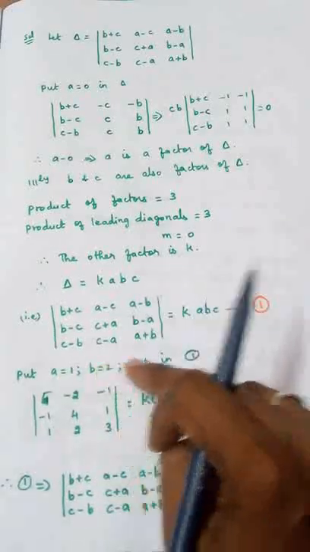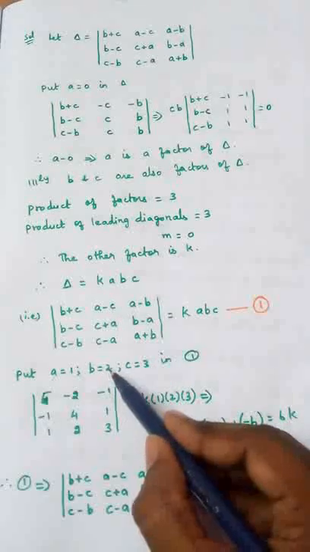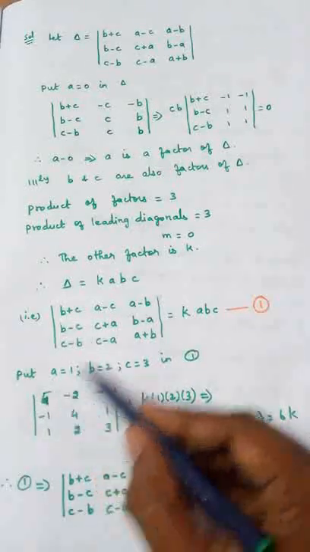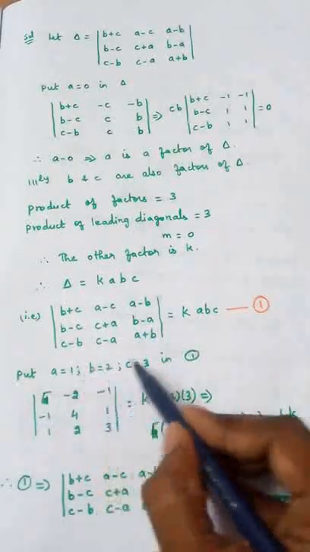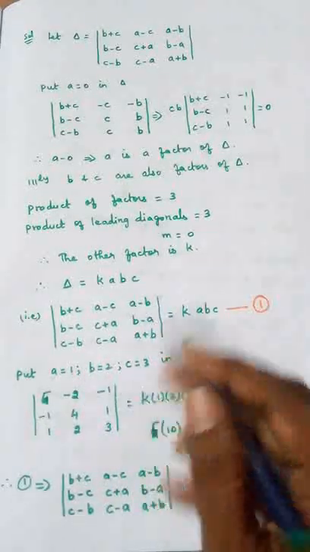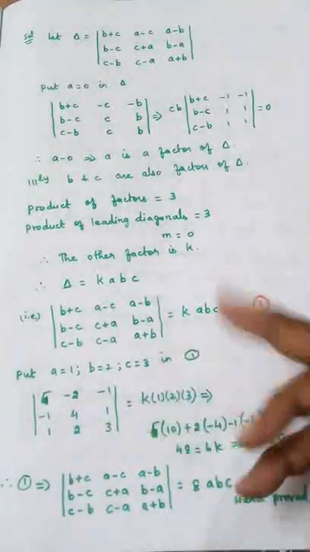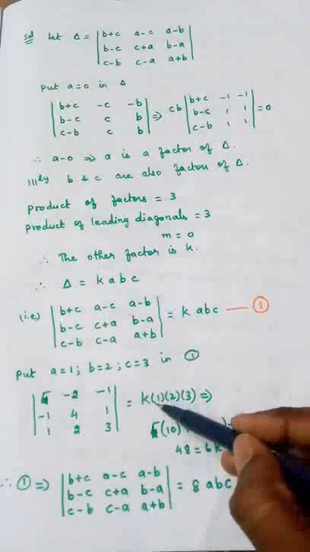So taking these values and substituting in this determinant, B plus C, 2 plus 3, 5. A minus C, 1 minus 3, minus 2. A minus B, 1 minus 2, minus 1. Similarly, substitute the values here. You will get this. K, A is 1, B is 2, C is 3, right?